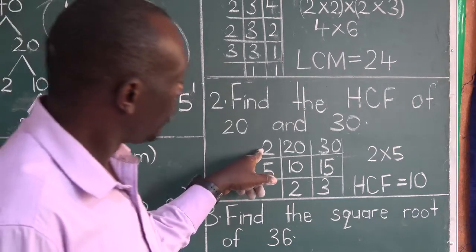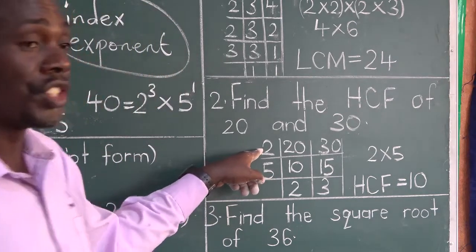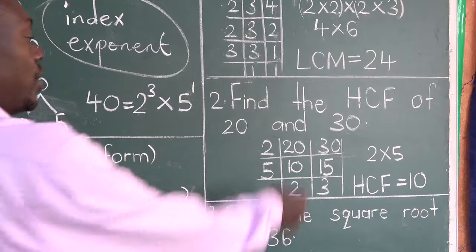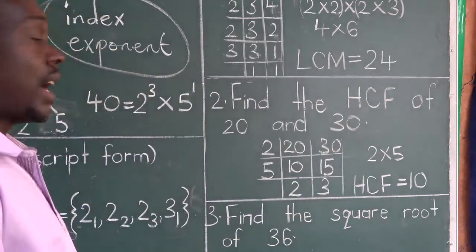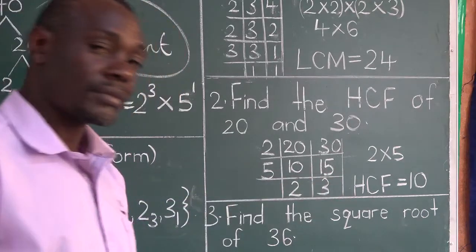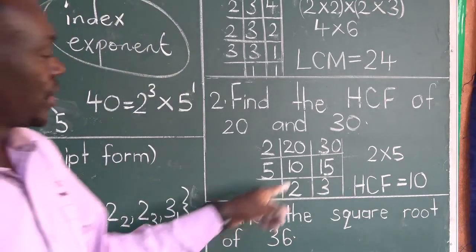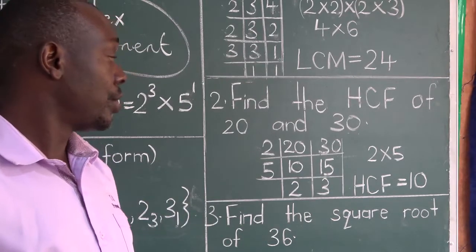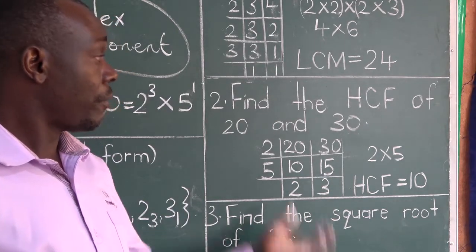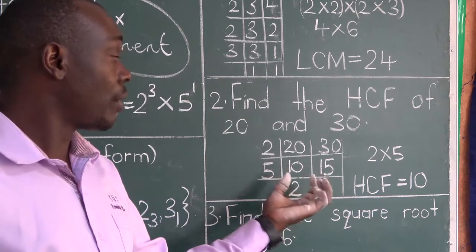Good. If both are in agreement, then you continue: 20 divided by 2 is 10 and 30 divided by 2 is 15. So the outcomes are 10 and 15. Now, are these two, 10 and 15, divisible by 2 again? No, you don't continue with a 2. Remember, you're finding the HCF. It's about agreement of divisibility.